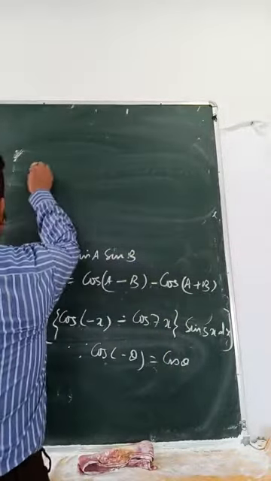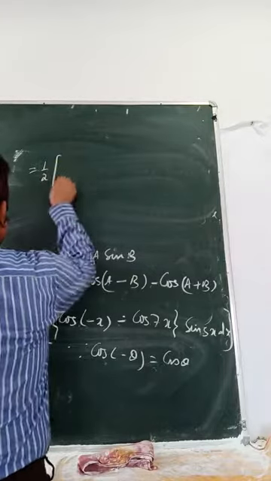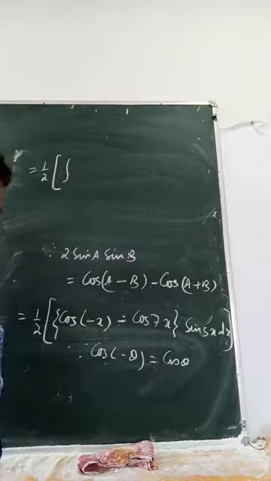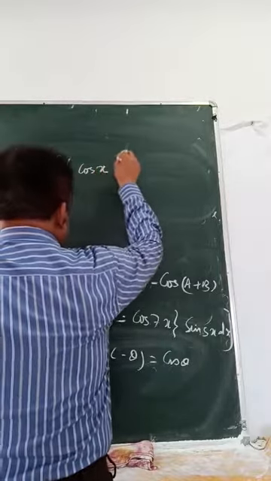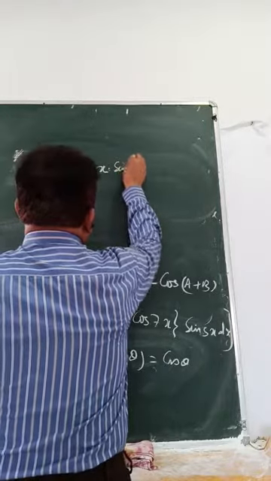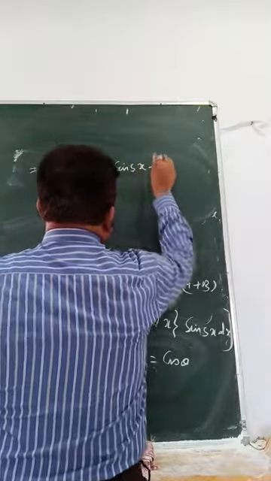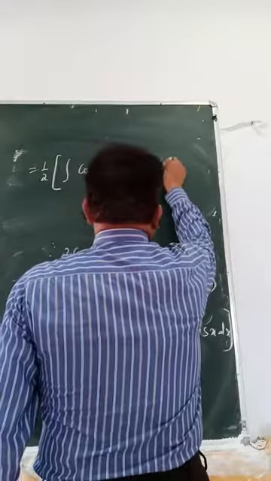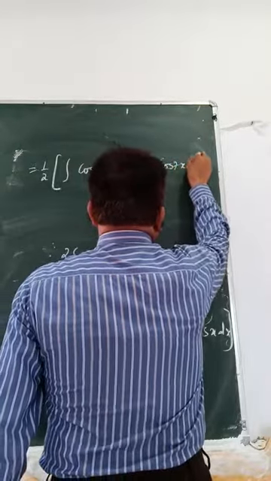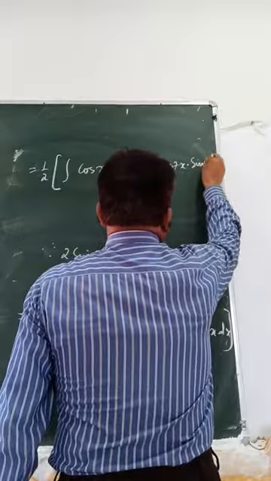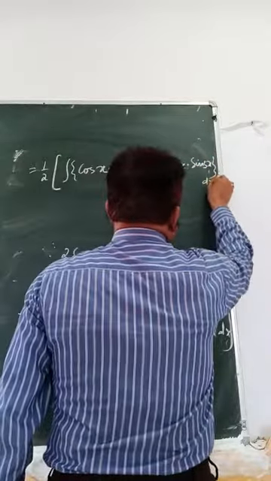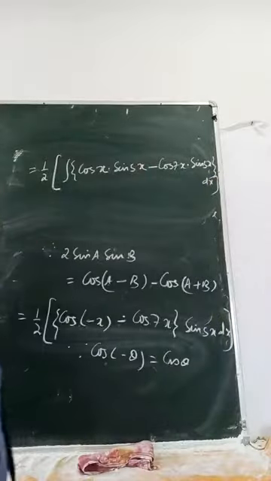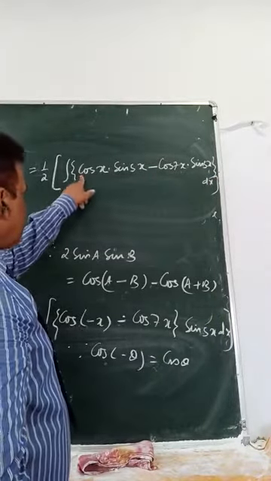half of the integral of cos x sin 5x minus cos 7x sin 5x. Again you can make it half of 2.